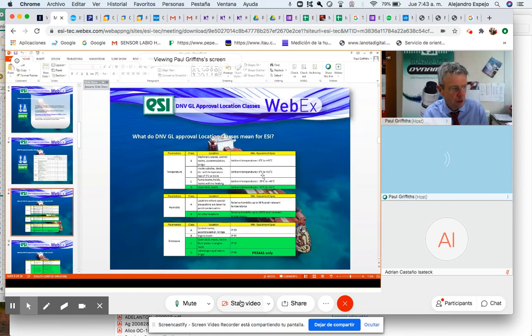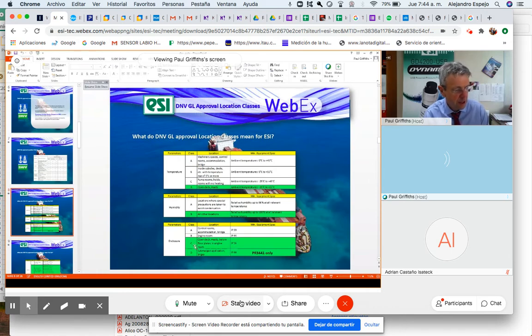So this explains what classifications we went for. For temperature, we went for class D, which is the most difficult. Humidity, we went for class B, which is also the most difficult. And enclosure, we went for C and D. So D is completely submerged, so there has to be a PR3400 series submersible transmitter.